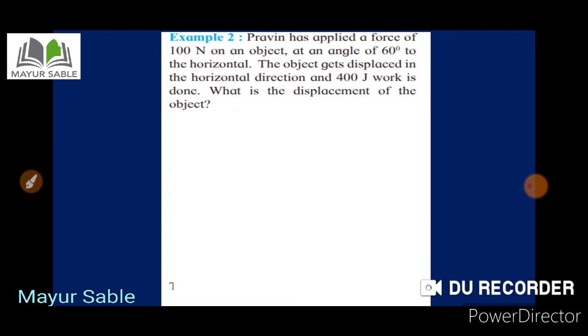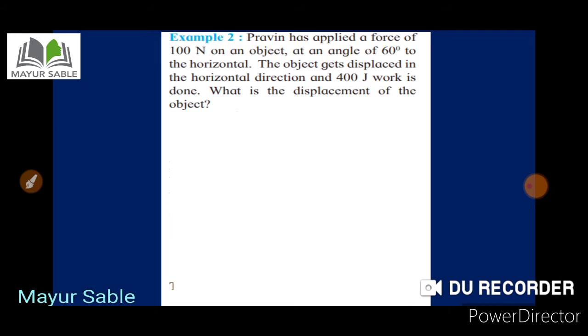Praveen has applied a force of 100 Newton. We have the value of applied force. Then at the angle of 60 degree to the horizontal. Yesterday we studied in the earlier period that the angle will be the value of theta, and the object gets displaced in the horizontal direction, and the 400 joule work is done.